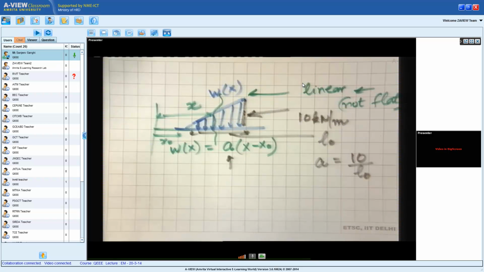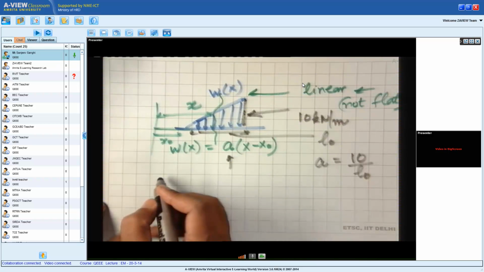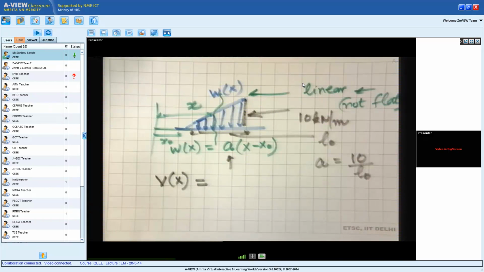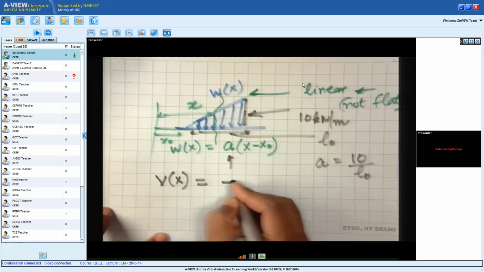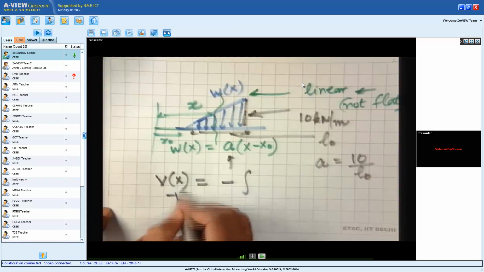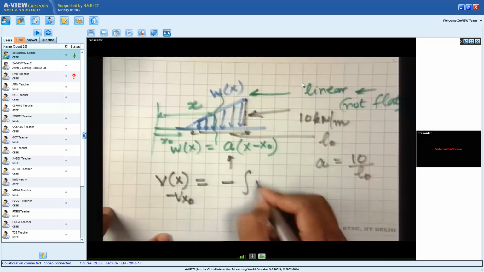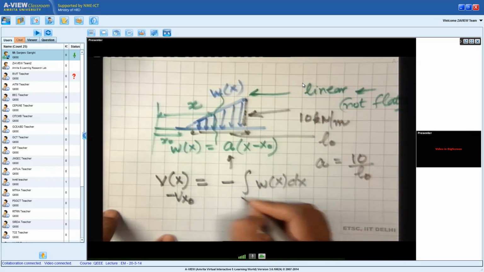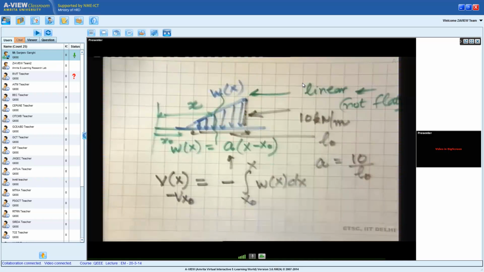So that is how, now in this case, when you calculate the shear force, V of x, we have said V of x minus V of x0 is equal to minus integral W of x dx, with x going from x0 to x.